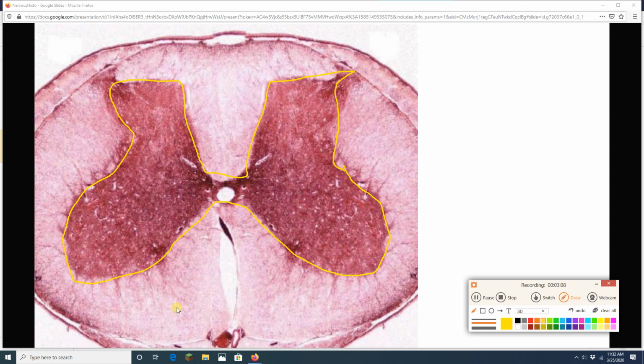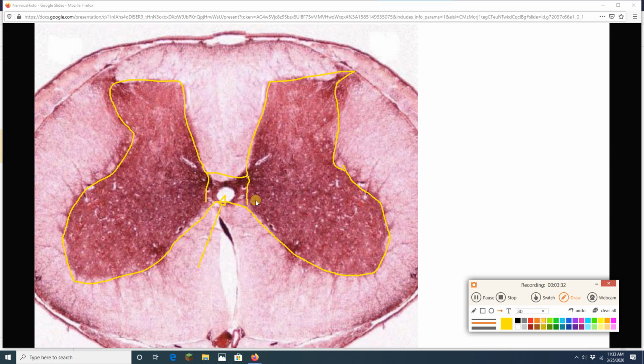Our gray matter has two wings. So there's a wing over here and a wing over here. The wings are connected by the central commissure. So in between those two lines I just drew, that is the central commissure. In the middle of the central commissure, or gray commissure if you will, is this passageway called the central canal.